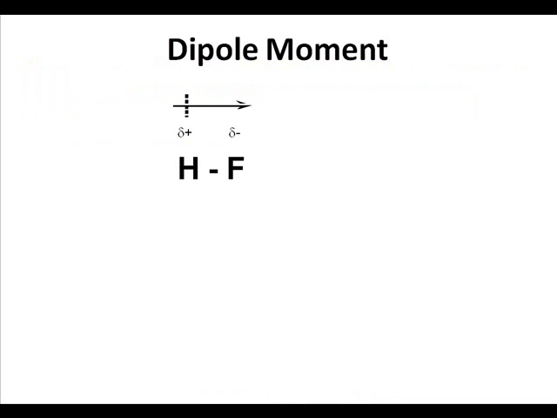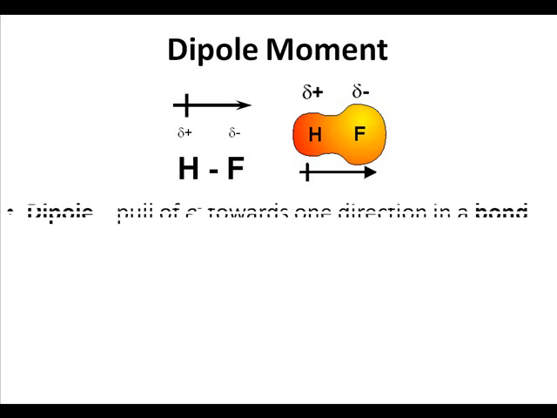Now what's a dipole moment? We've seen this drawing before, and it shows us that in hydrogen fluoride, hydrogen is a polar plus, fluorine is a polar minus. We draw the dipole as a vector or an arrow in the direction of the negative region, and we show it again as a space filling model as you see here.